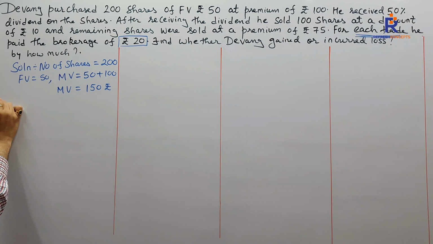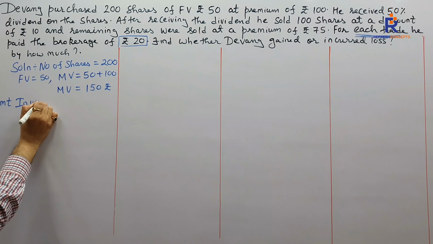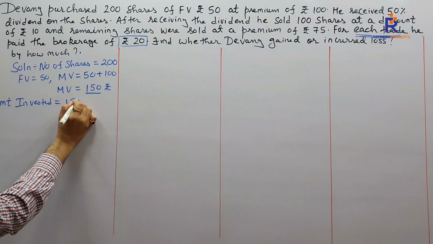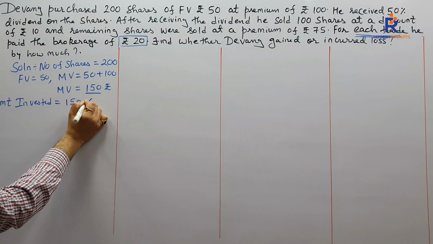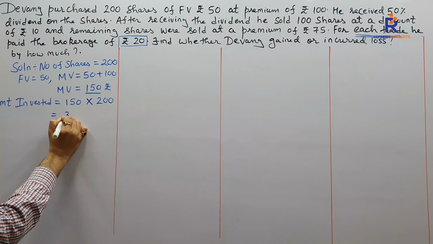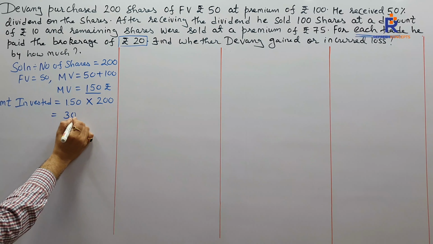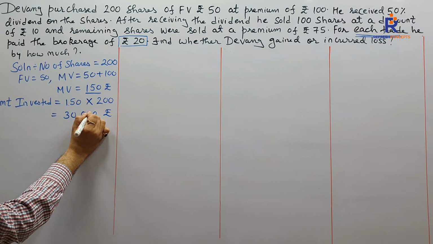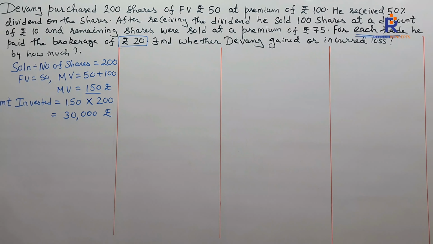So shall I say amount invested is nothing but market value of one share 150 into number of shares 200. Answer is 15 into 2 is 30, thereafter 3 zeros. 30,000 is the amount invested.